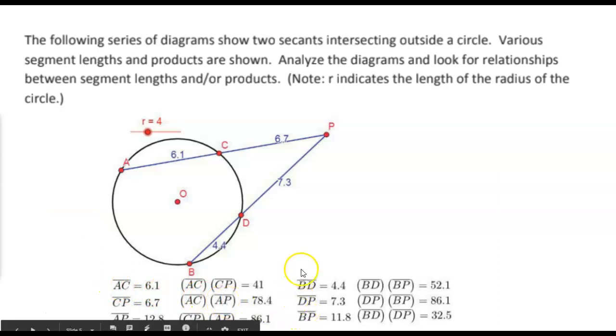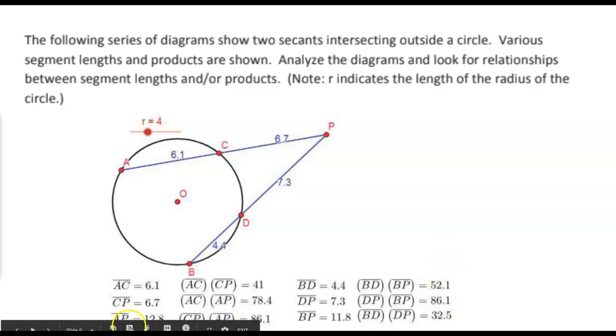Now here, it also looks like they've already given us the measurements for different things. They found the measurement of AC, of CP, of AP, the whole thing. They found all the little pieces BD and DP and BP. And then they've also taken all of these little segments and they've multiplied them times each other.